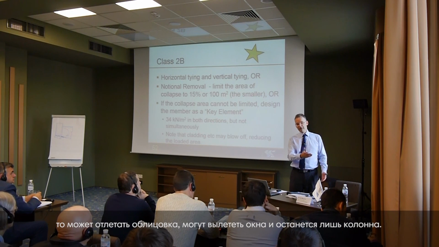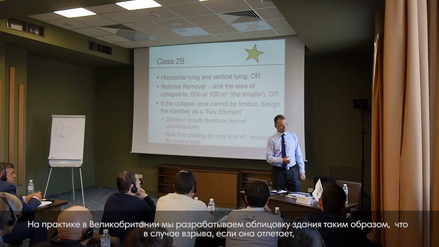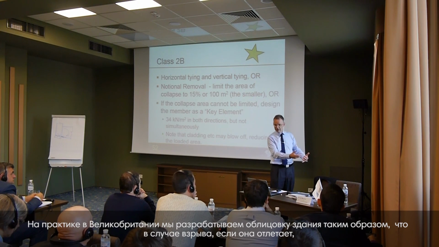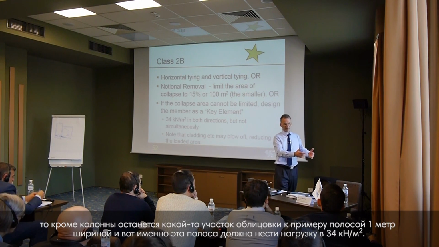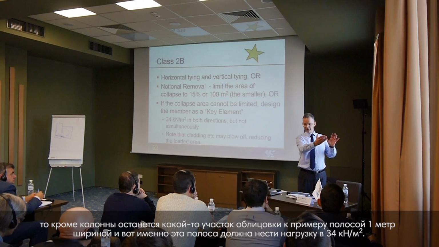before that leaves just the column. I know we're in a concrete building, but let's imagine we were in a steel building. So common practice in the UK is to say, okay, well, I will design the cladding until it blows off, and then I will look at the column that remains, and maybe there will be a strip of cladding which remains.